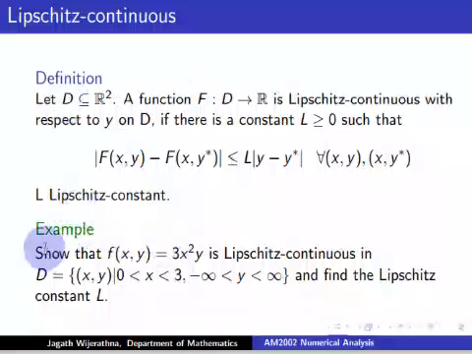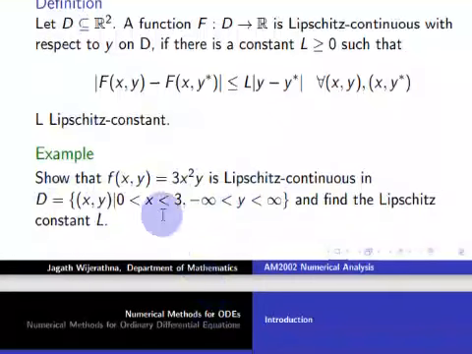So let's do this example. Show that this function is a function of two variables x and y. The function is defined this way, and we have to show this function is Lipschitz continuous in this domain, right? Okay, let's show that.